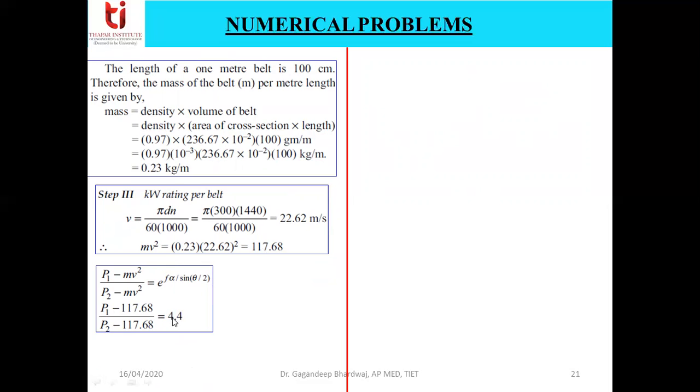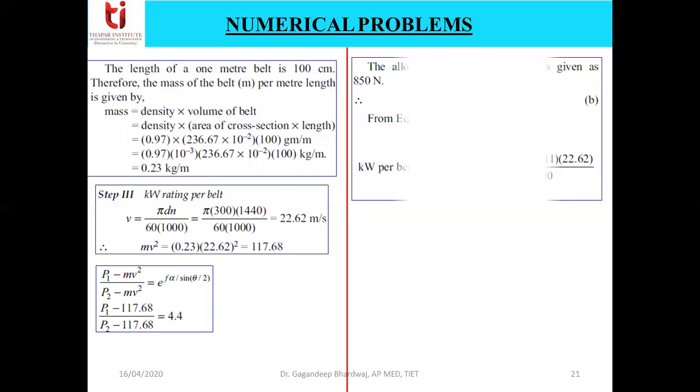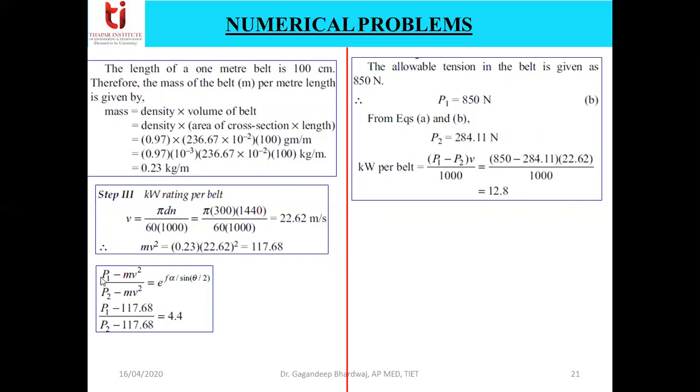This is 4.4, and mv square is 117.68. The maximum allowable tension is given, that is P1 is 850, so we substitute P1 as 850. From this expression you can calculate the value of P2, and from that you can calculate the rating capacity of the belt, which comes out to be 12.8.